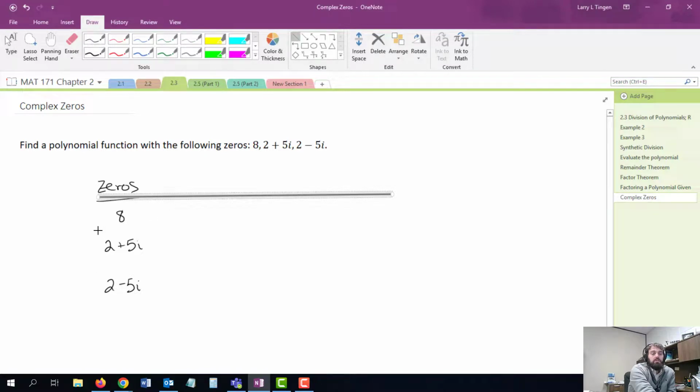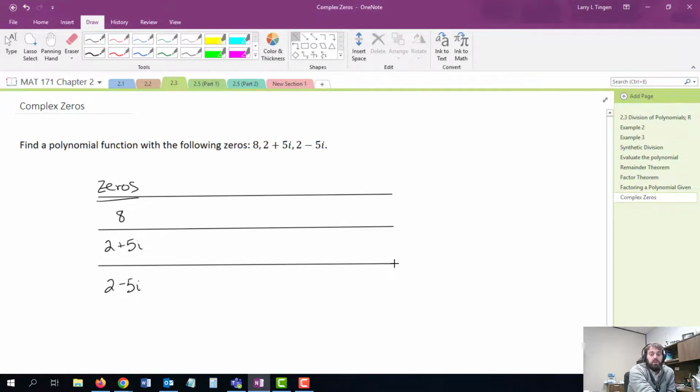Now, here's the nice part about these zeros. It turns out if your zero is complex or irrational, then that zero's conjugate is also a zero of the polynomial.